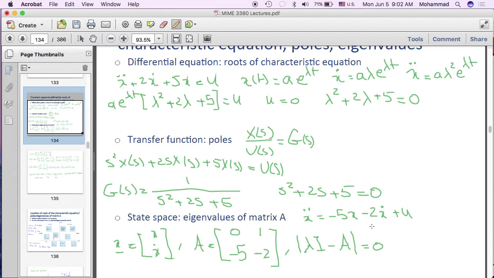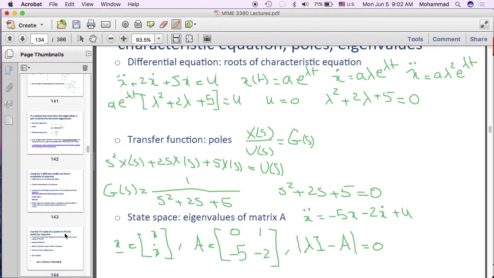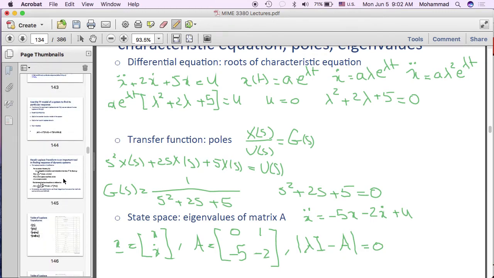In other words, in response of a dynamic system, poles of the transfer function or eigenvalues or the roots will find themselves as the exponents in the response of the system. That is why they determine the transient nature of the response. So this is the why of it.